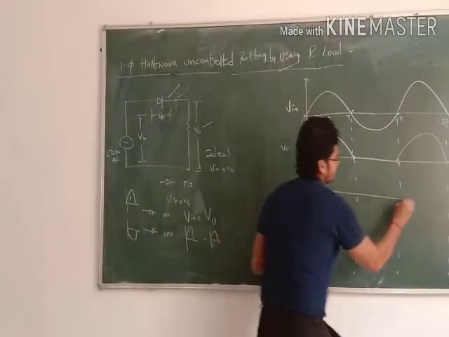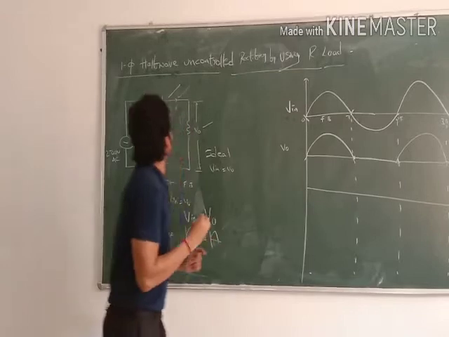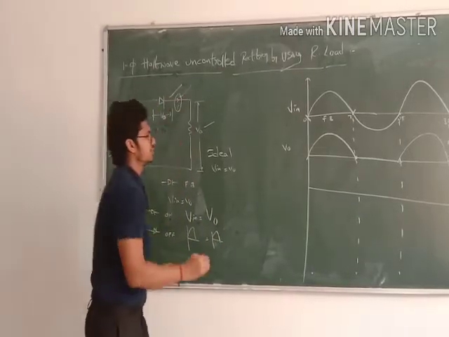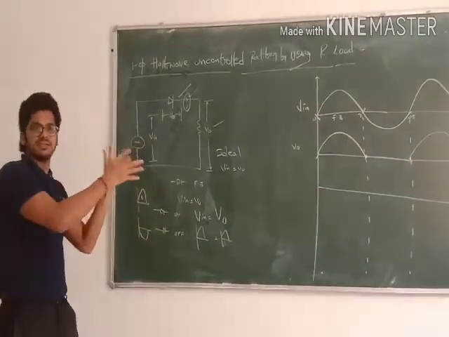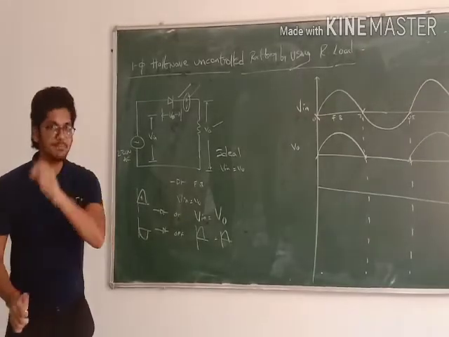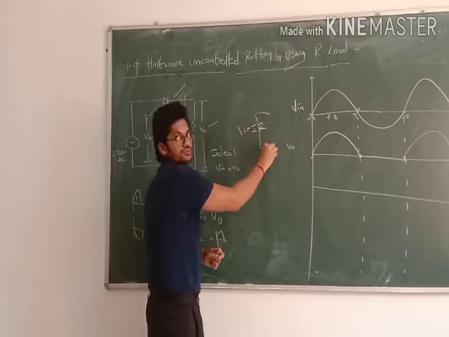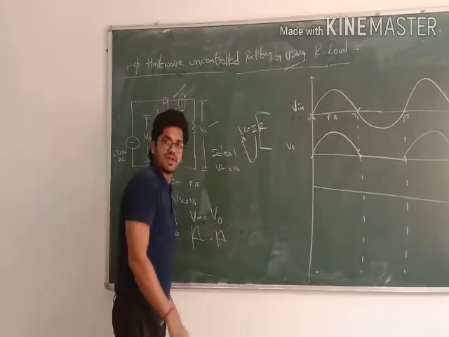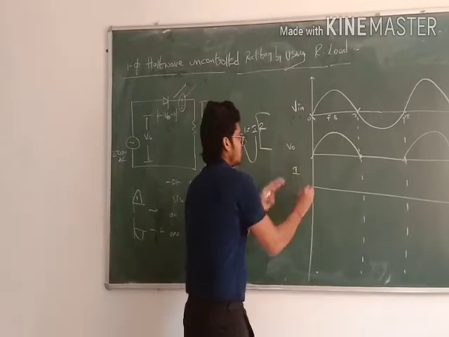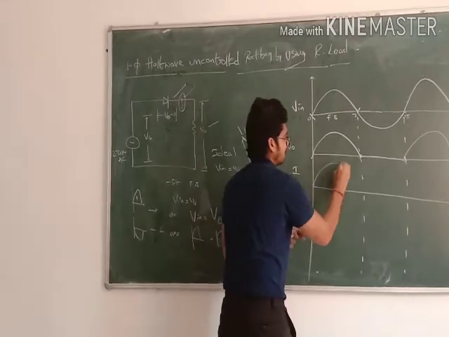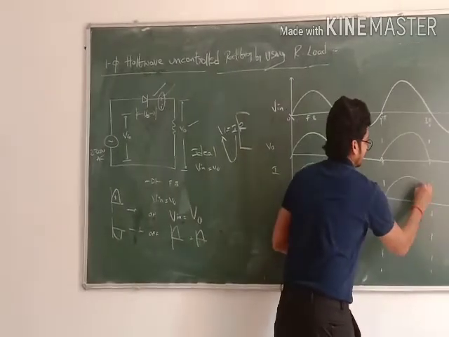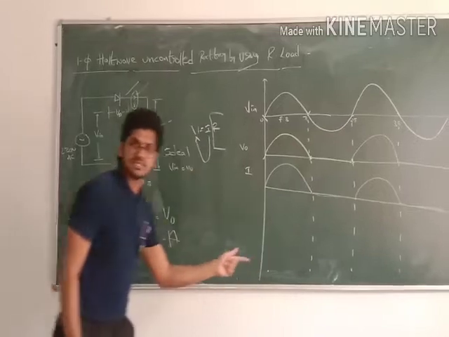Now, if I want to draw the waveform of the current in the circuit, there is no need to go to KVL and KCL. You just apply Ohm's law, V equals IR, by using the resistive load. The I value equals the V value, so the waveform will become like this.